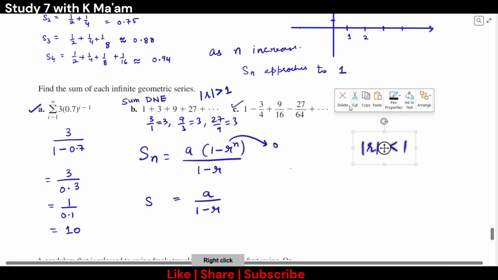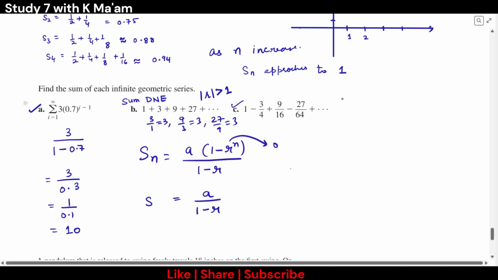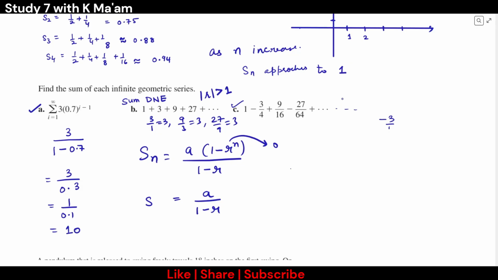Let's see the C part. 1 minus 3 by 4 plus 9 by 16 minus 27 by 64. You can find the ratio. What is the ratio? Negative 3 by 4 over 1, that is negative 3 by 4. 9 by 16 over negative 3 by 4 will be negative 3 by 4 again.